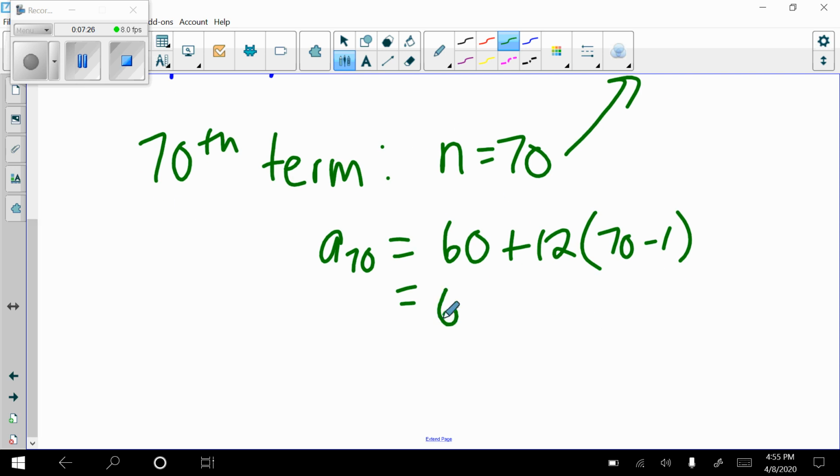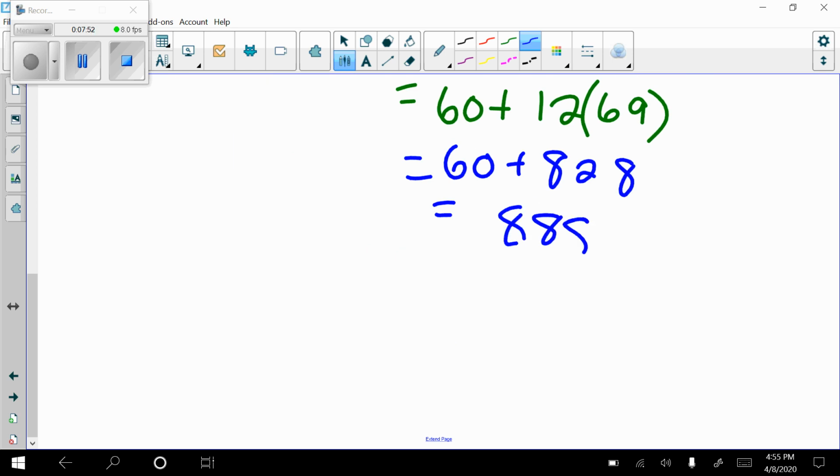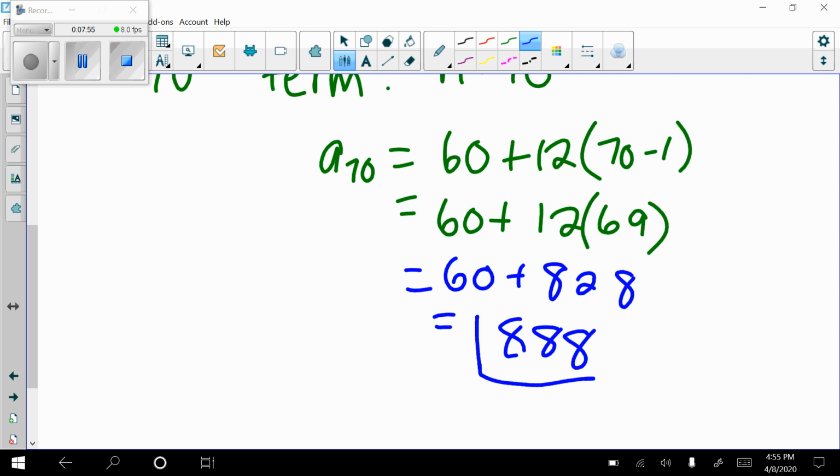And then I'm following PEMDAS in order to calculate. And I get 888. So that means that is the 70th term in the list.